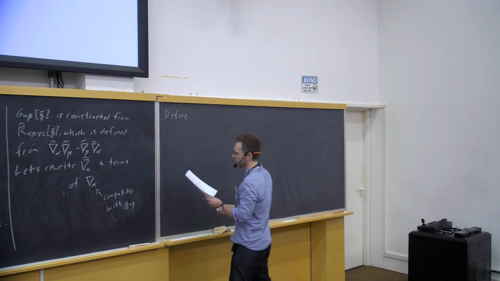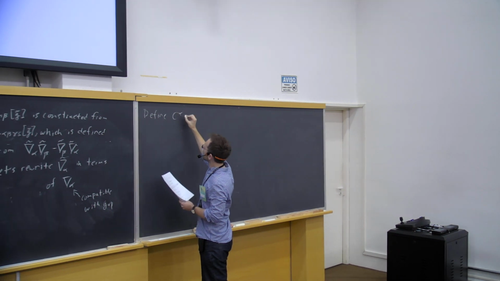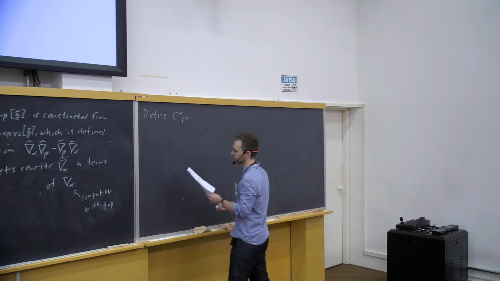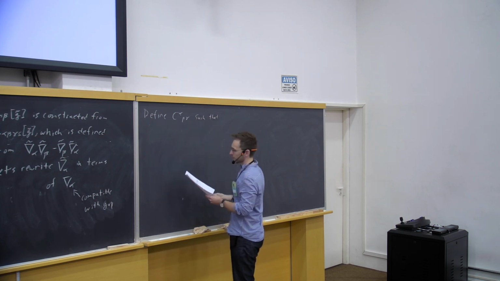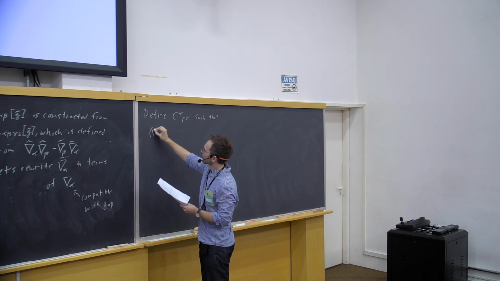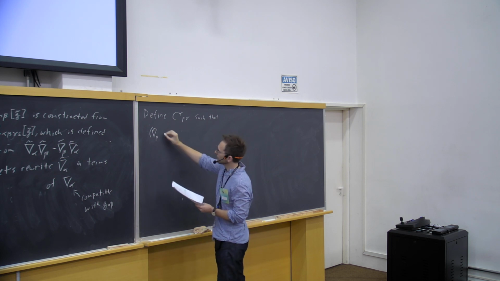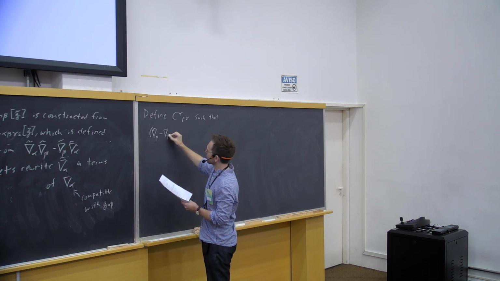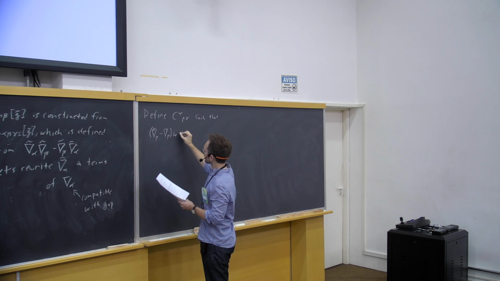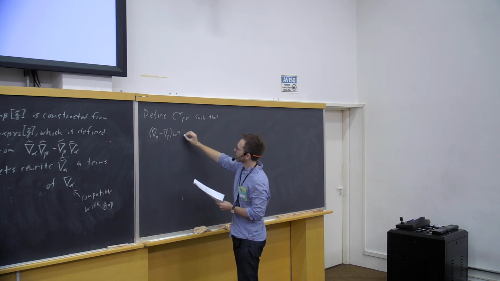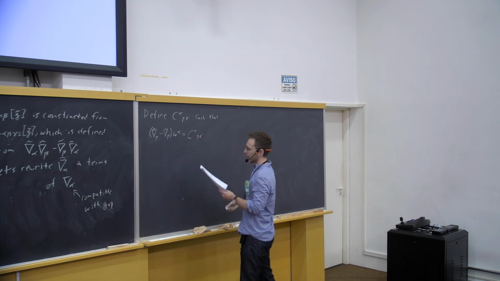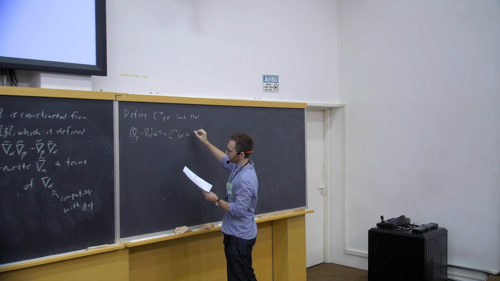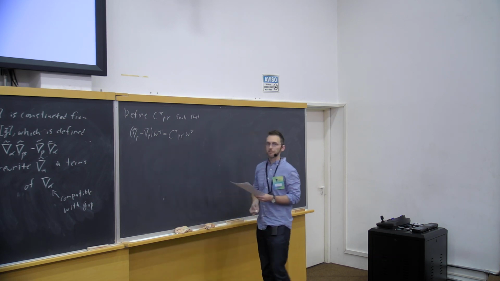So let's define a new object called C alpha beta gamma such that the difference between the two covariant derivatives acting on some vector is equal to this quantity C alpha beta gamma contracted into the vector.